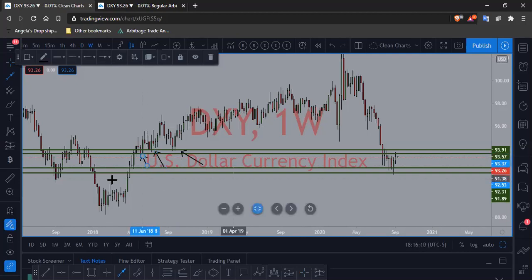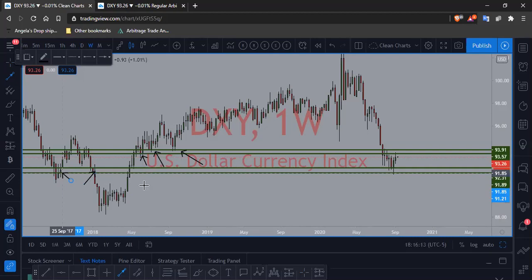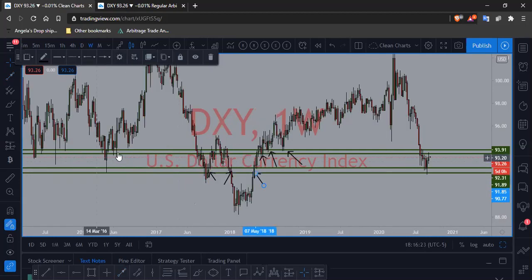And then the support down here, price came right there and over here as well, with this one week where it rejected, then dropped down, then broke through. And right here as well, other places where price hit.